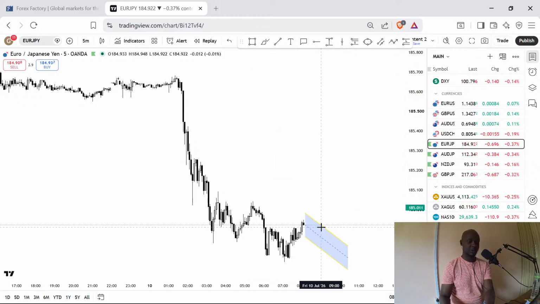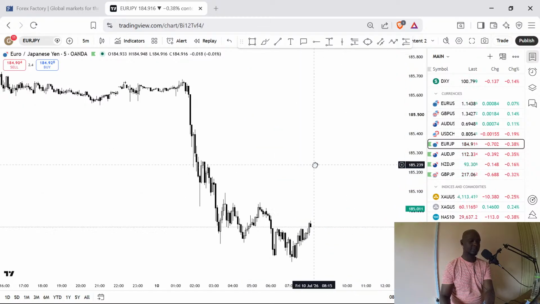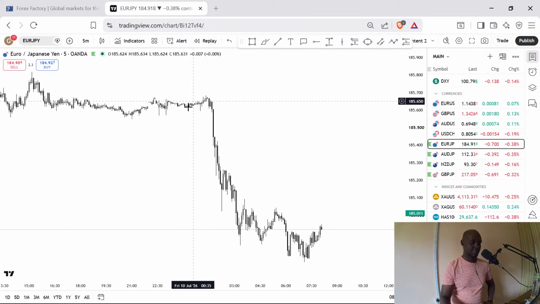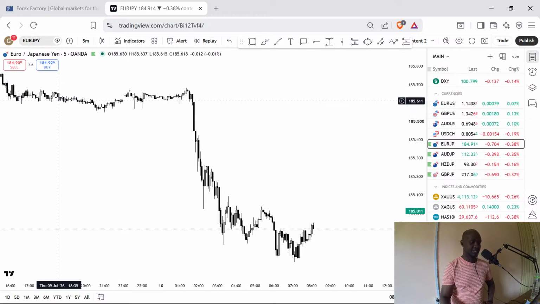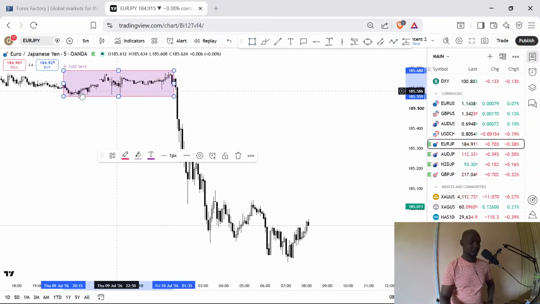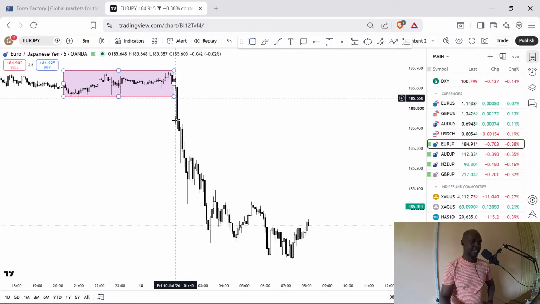So for example, in this instance, we had a market that, throughout the Asian session, got some sort of a consolidation first of all, where price was just moving sideways. Then we broke out of this consolidation with a lot of selling pressure, and at some point we started getting wicks, which is not a good sign.